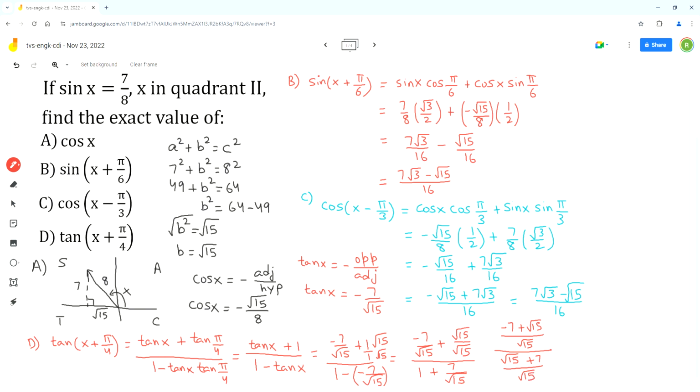Next, we can simplify this expression by changing it into a division statement. Next, we can change it into a multiplication statement.